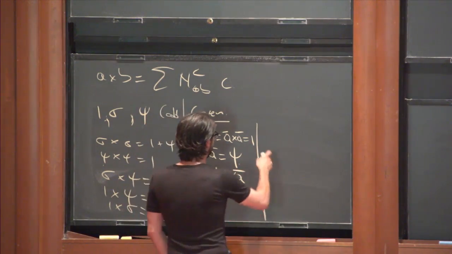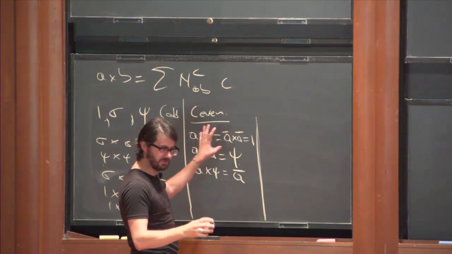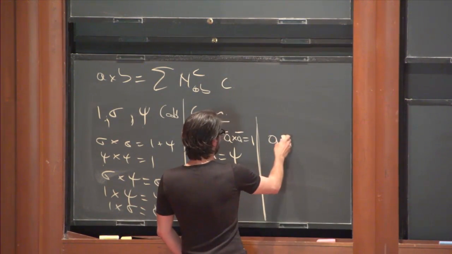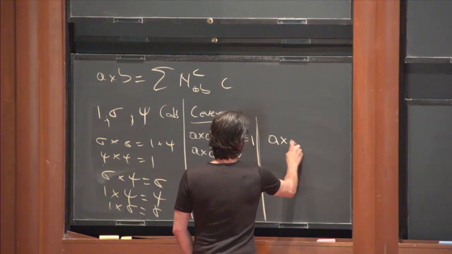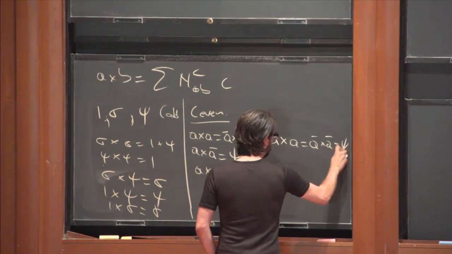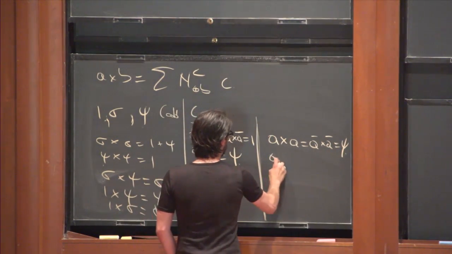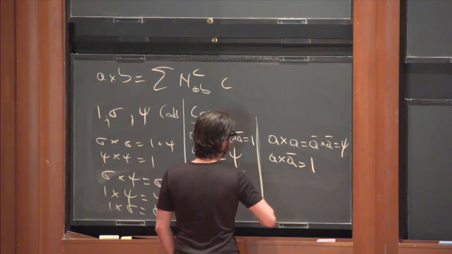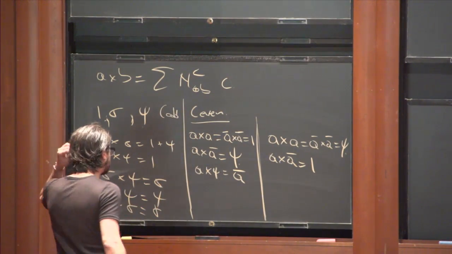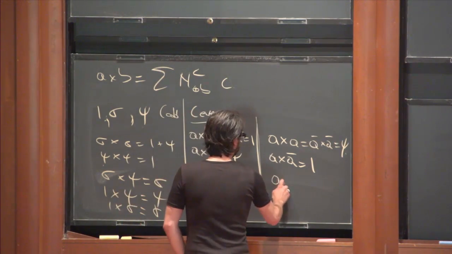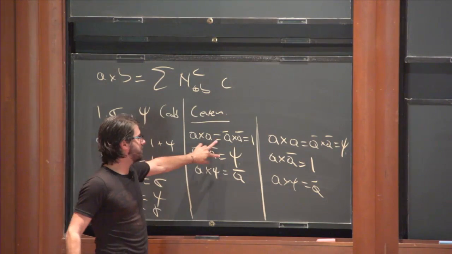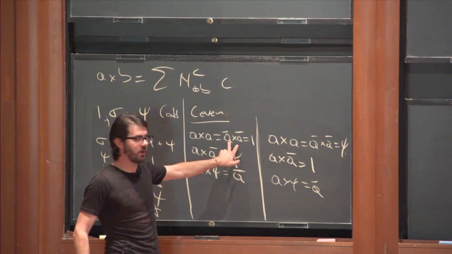If I make a mistake from yesterday, if I'm being dyslexic, correct me. And the other set of rules was A times A is equal to A bar times A bar is equal to psi, and A times A bar is equal to 1, and the same thing going, A times psi is equal to A bar, etc. So the only difference between them is which one is its own antiparticle.